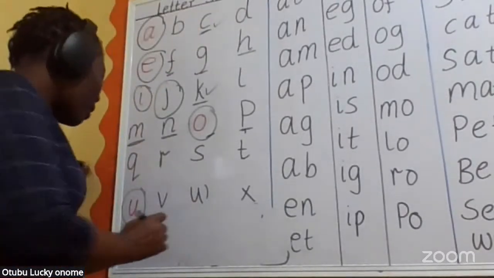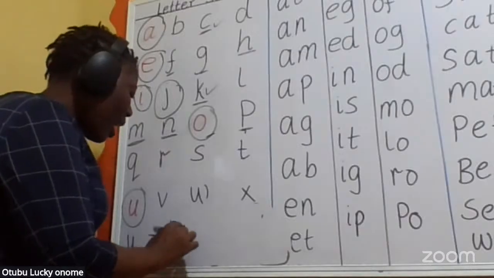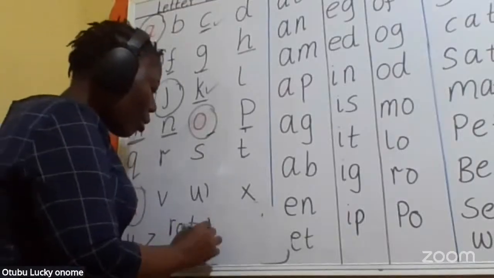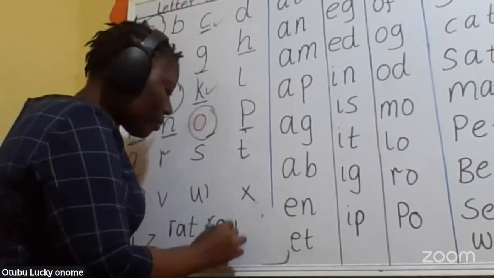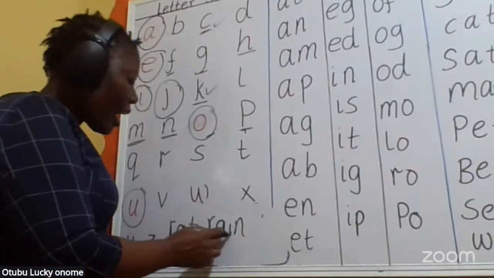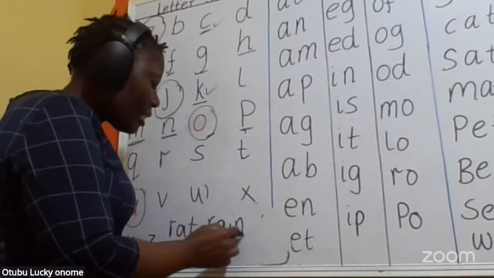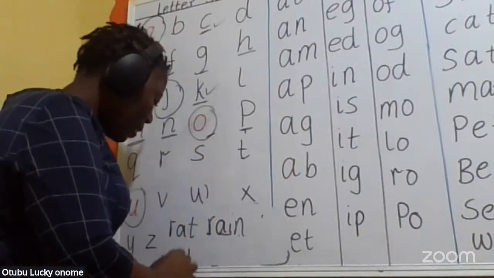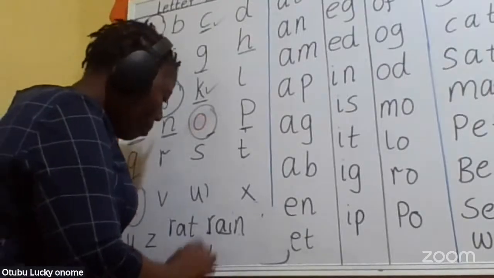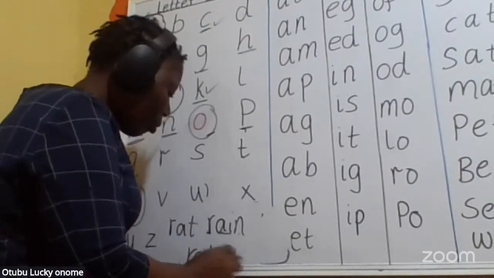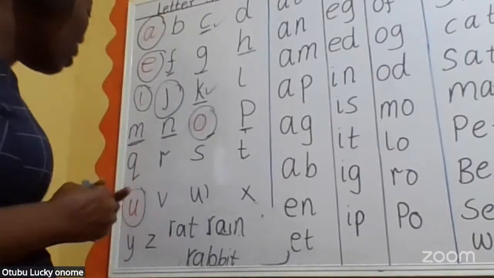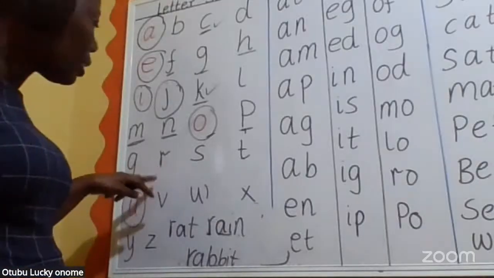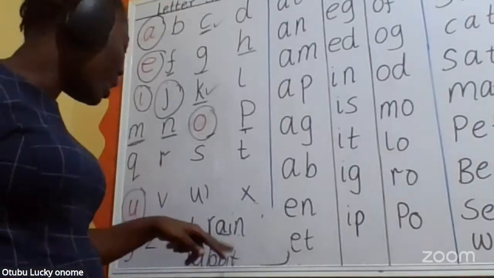We have it in words like rat, rain, rabbit, and rhino.